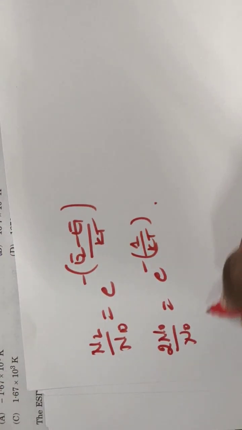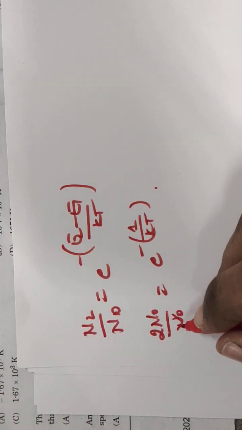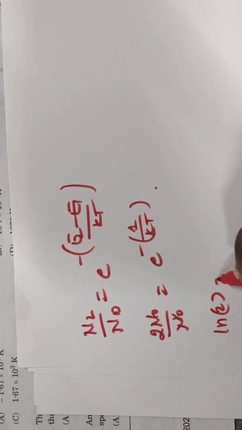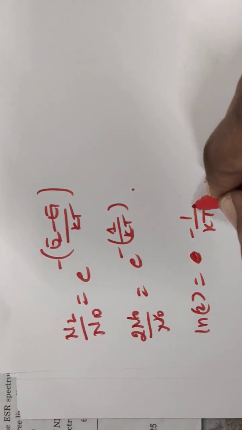Okay. So then if you take a ln on both sides, ln N0 cancels, ln 2 is equal to minus 1 by KT.